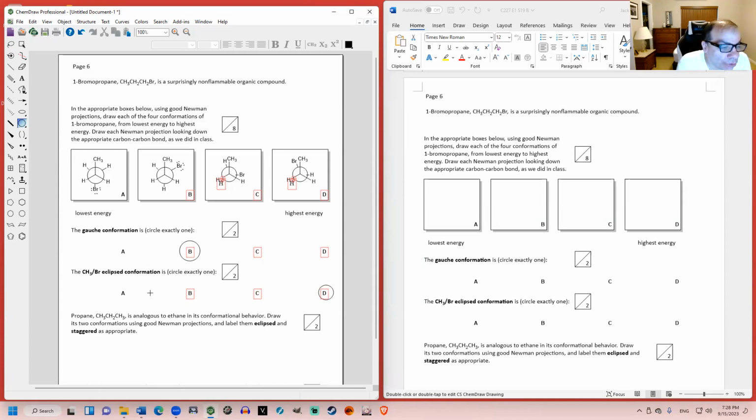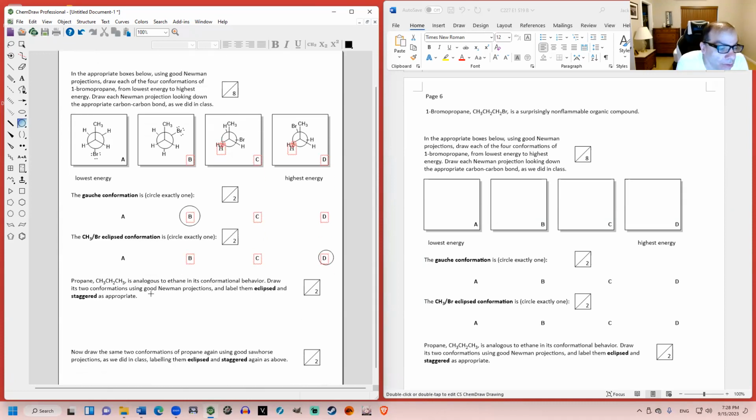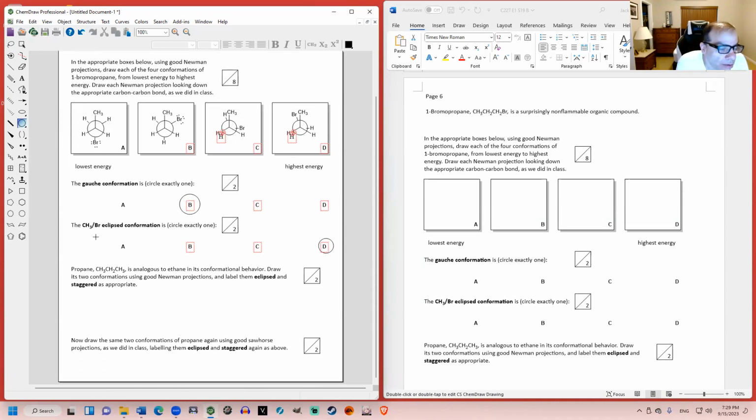Then it says to do the Newman projections for propane, which is just like ethane. Actually, I'm going to borrow this.